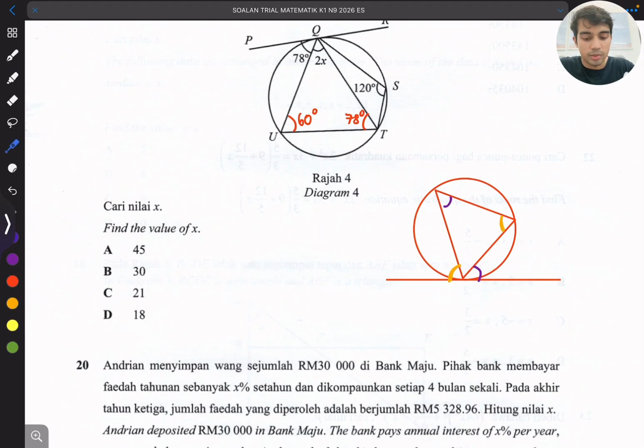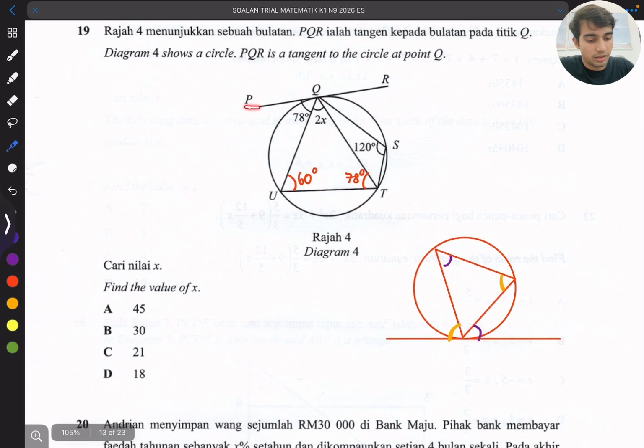How I like to think about it is, this angle touches these lines, right? It will be the same as the angle that doesn't touch these lines. So in this case, this angle will be the same as this one.